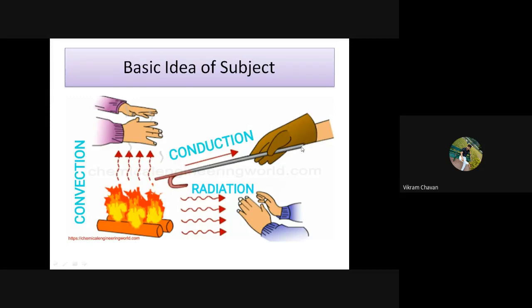We are dipping only one end inside the fire, yet the heat is transferring from this end to the other end. This concept of heat transfer within a substance, from one part of a substance to another part, is known as conduction.